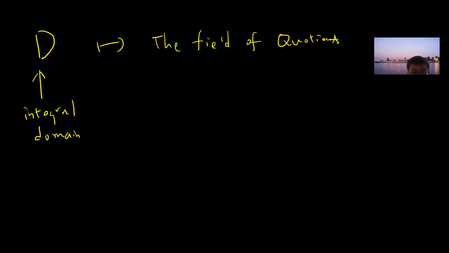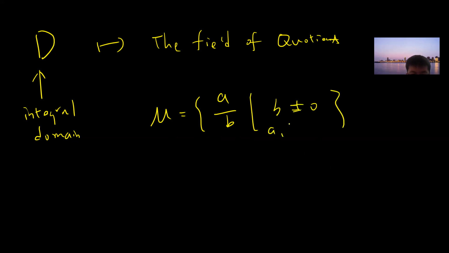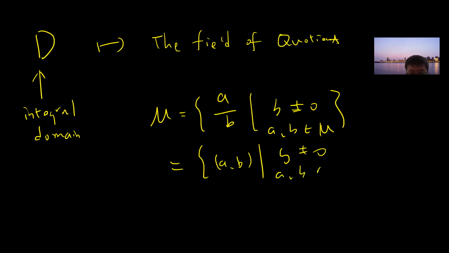Let's define M, which is a divides b, using divides just as the common notation, and b is non-zero, with a, b belonging to D. Another notation, which is more set-theoretic, is to define it using a tuple.